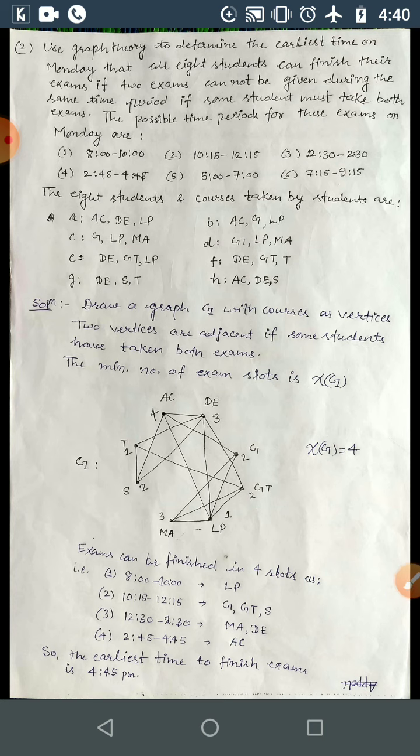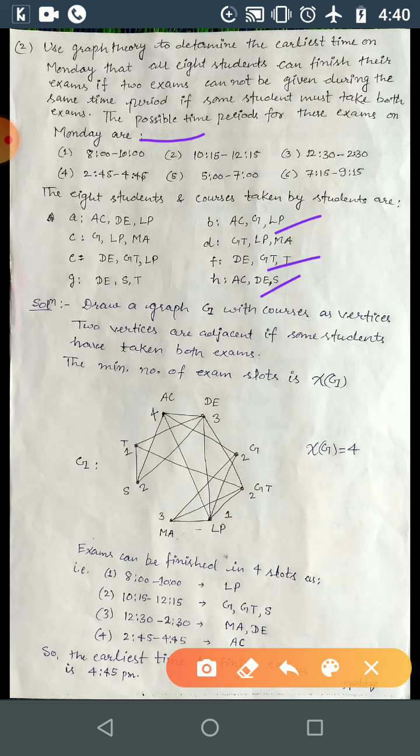You need to find the earliest time on this Monday exam day. That is obviously, these 8 subjects are given and we have 6 time slots.